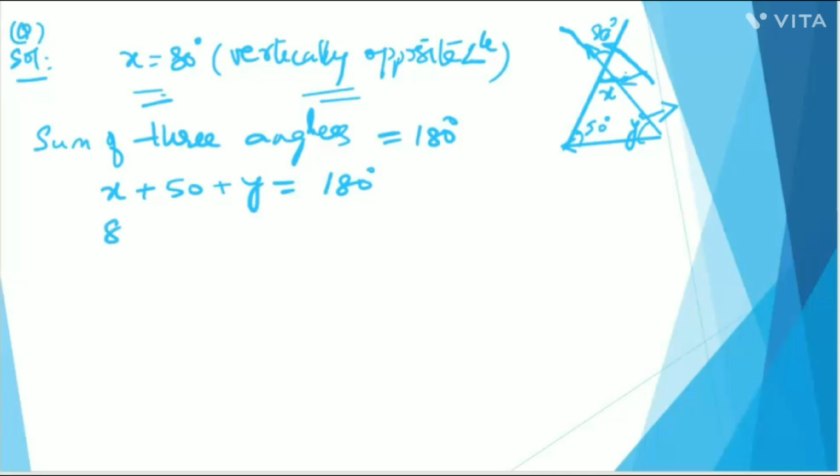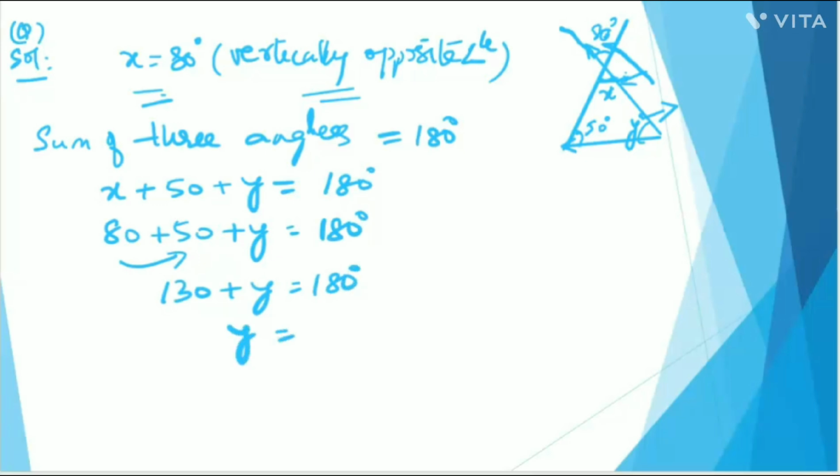The value of x is 80, so 80 plus 50 plus y is equal to 180. 80 plus 50 is 130, plus y is equal to 180. y is equal to 180 minus 130, because plus 130 when it goes to the right side becomes minus 130. 180 minus 130 is 50 degrees. We have the value of y also now. So x is equal to 80 and y is equal to 50. Vertically opposite angles, always remember.